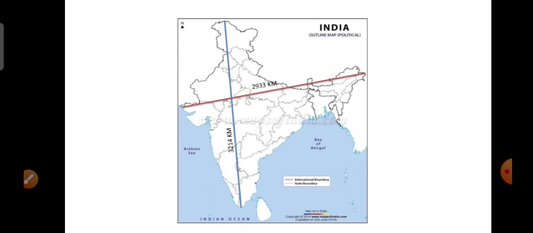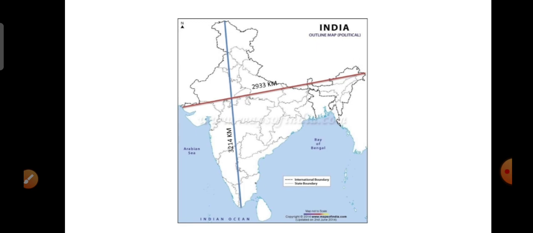As we are seeing in the figure, two lines are shown here, one in red color and another in blue color. These are showing the total length of India from the easternmost part to the westernmost part, and the northernmost part to the southernmost part.